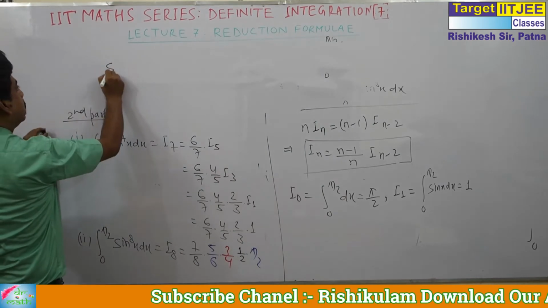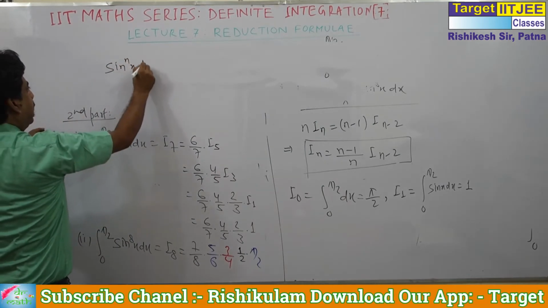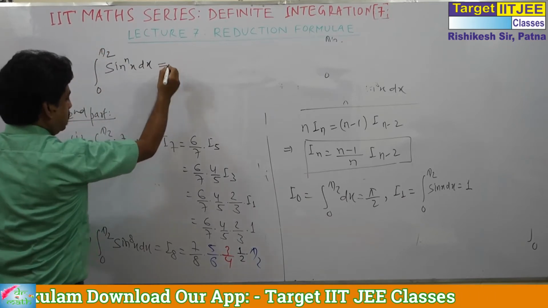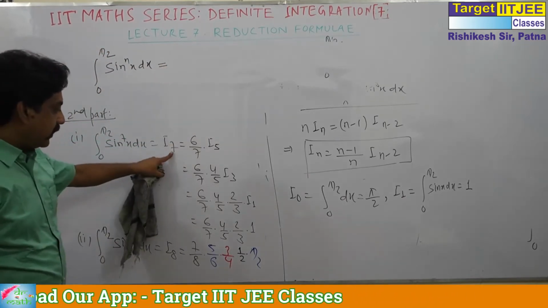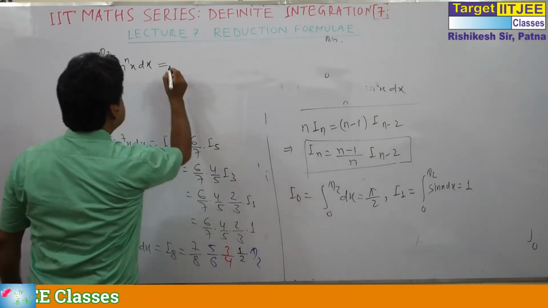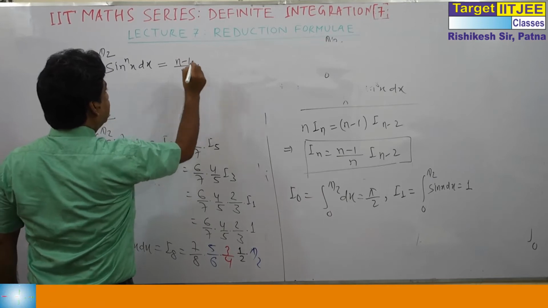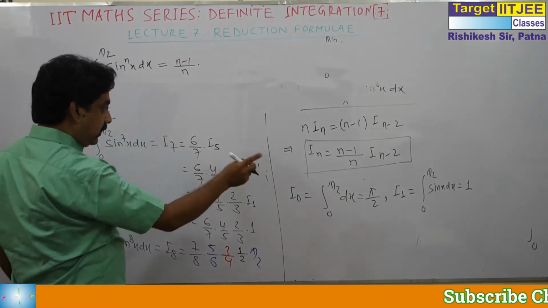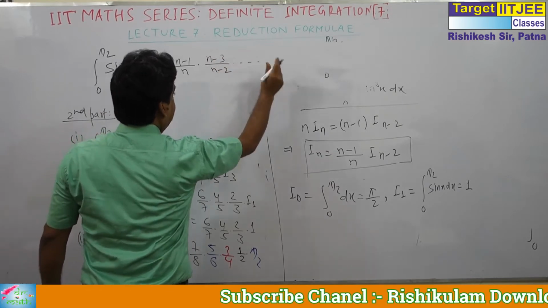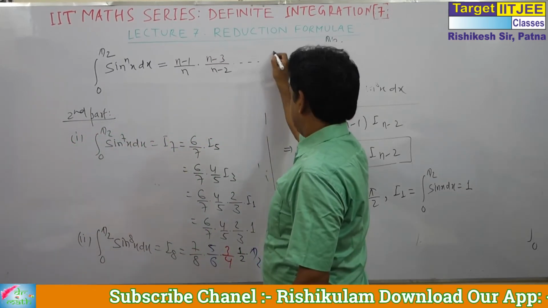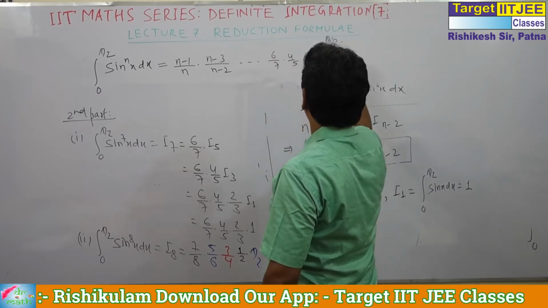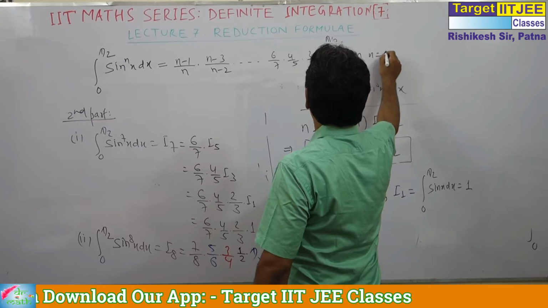Actually, the integral of sine to the power nx dx from 0 to pi by 2 is: this is for odd and this is for even. We start from n minus 1 by n, then n minus 3 by n minus 2, and likewise finally 6 by 7, 4 by 5, 2 by 3 into 1 when n is odd.